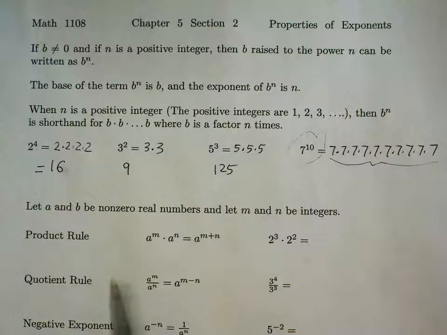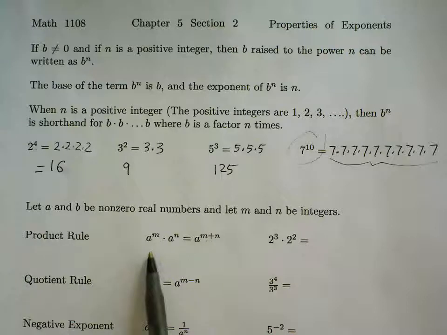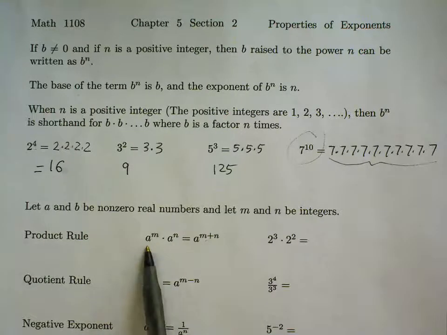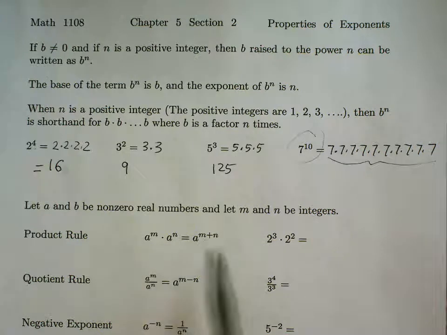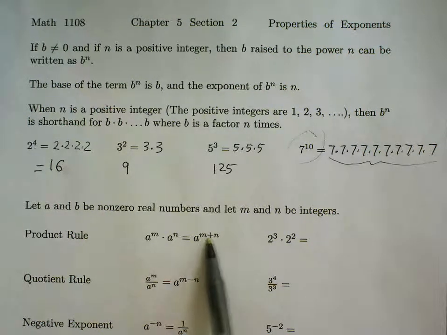Okay, the product rule for exponents: if you multiply a to the m times a to the n, you can simplify that to a to the m plus n. So if the base, here the base is a in both terms. If you're multiplying two terms that have the same base number, then you can write the base and add the exponents.